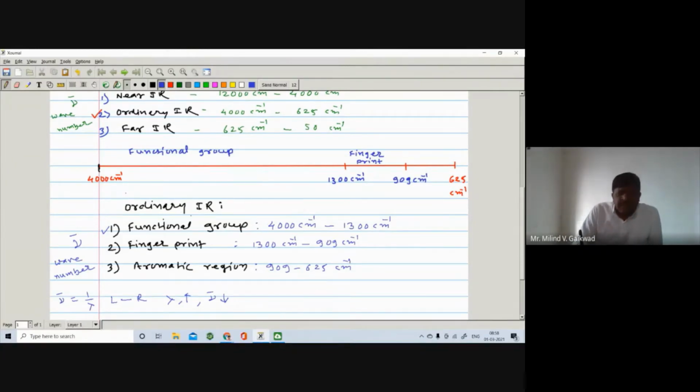So remember these values: the functional group region, then fingerprint region, and the aromatic region. The range for the functional group region is from 4000 to 1300, then 1300 to 909, 909 to 625. So these are the ranges for the IR.